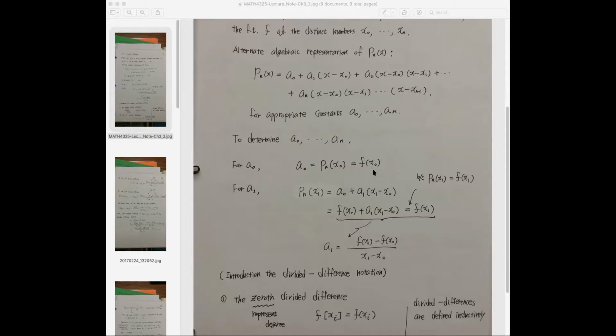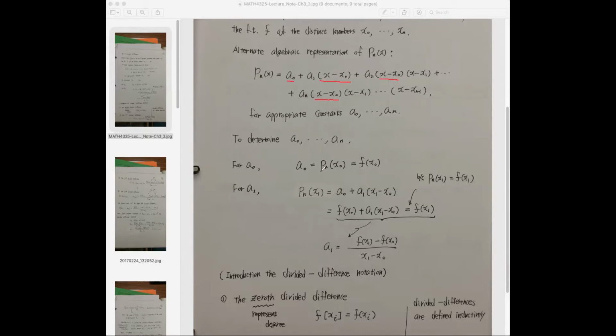Because x minus x0 is included in all terms except for the first term a0, when x is x0, all the terms are going to be 0 except for a0.